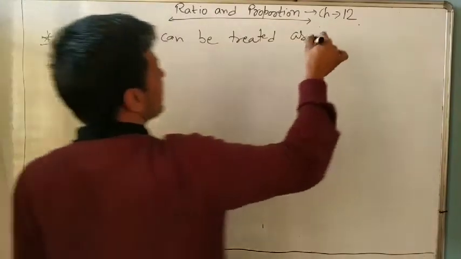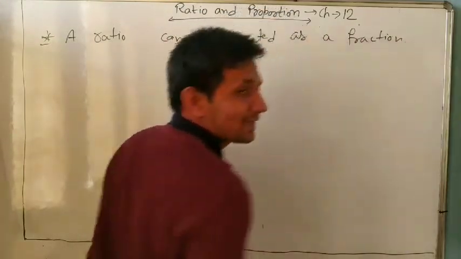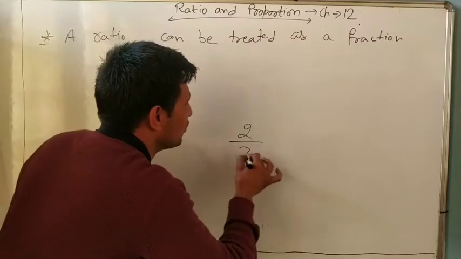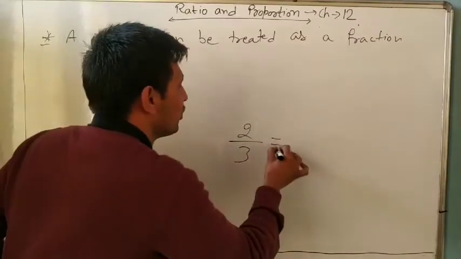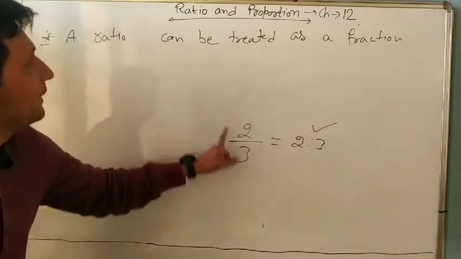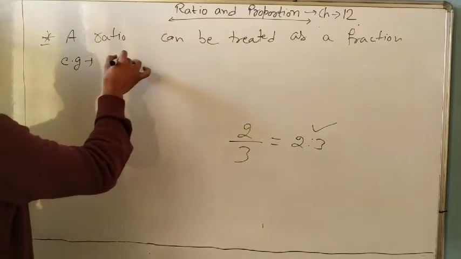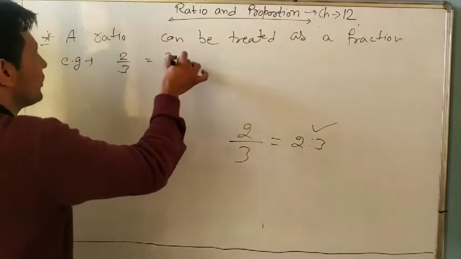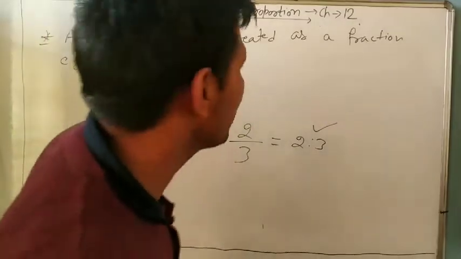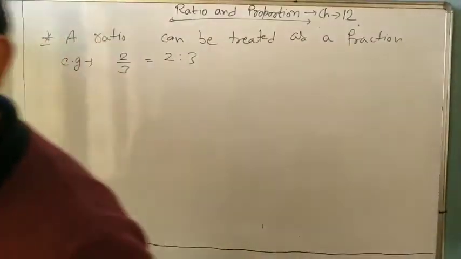A ratio can be treated as a fraction. Always remember, because fraction we already know what is fraction. 2 upon 3, it is a fraction, and 2 by 3 what we can write, 2 ratio 3. Example, I am writing 2 upon 3, we can write 2 ratio 3. Understand or not? So fraction and ratios are both same. Understand?